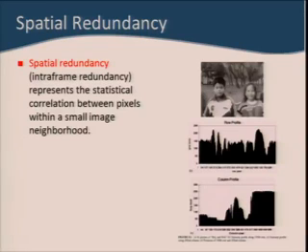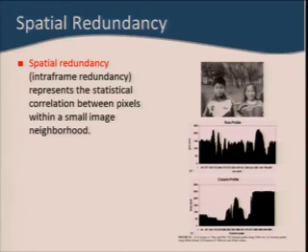So why is it redundant information? If you look at a small image neighborhood, and the current pixel value is very similar to the pixel before it or the pixel on top of it, then you have lots of repetition, lots of redundant information. Because instead of representing the current pixel value, I could easily have used the pixel value before it to represent it.